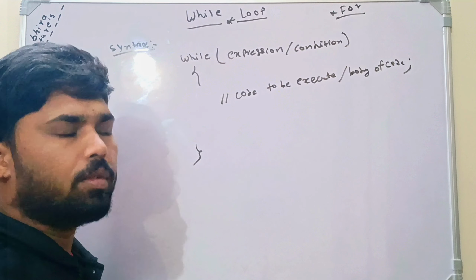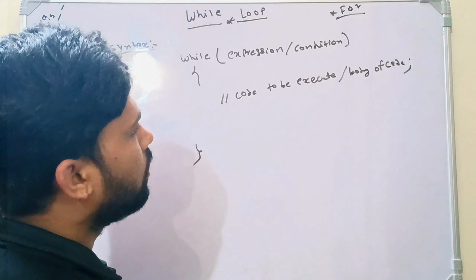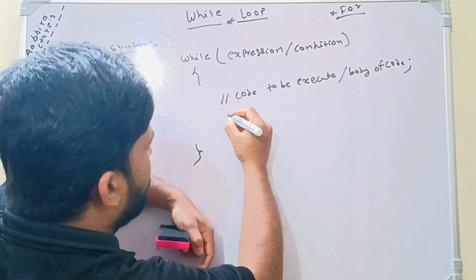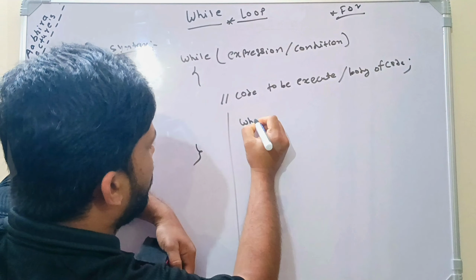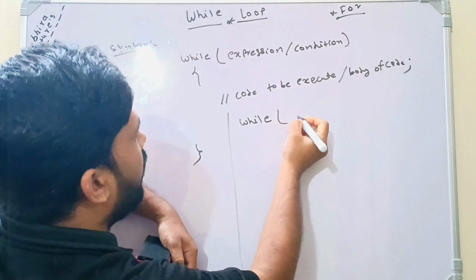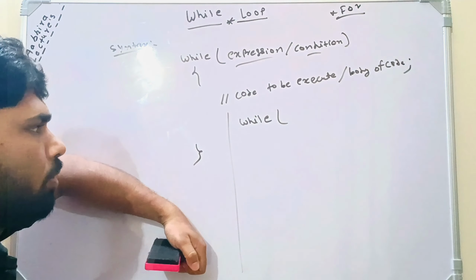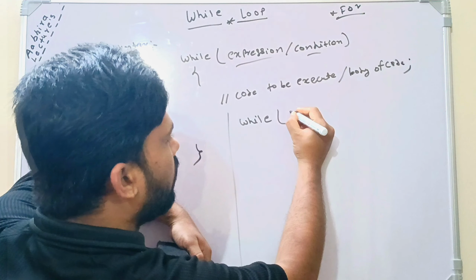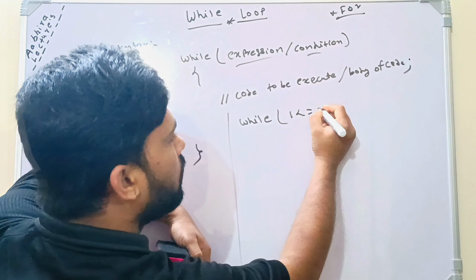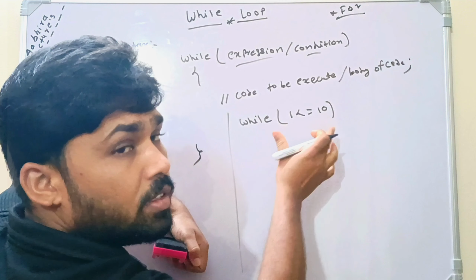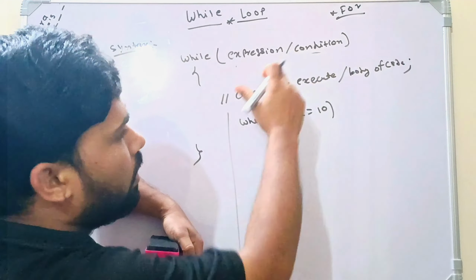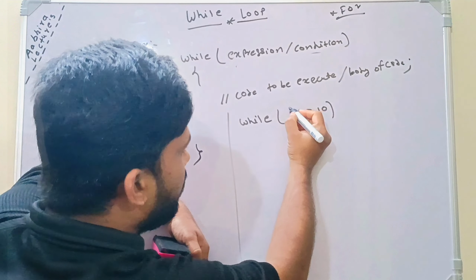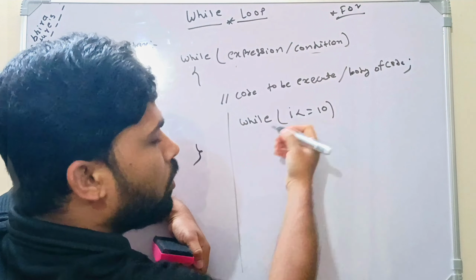So we will see one example. While expression or condition. If I want to print 1 to 10, I write i is less than or equal to 10. This is one type of condition. I want to print 1 to 10, that's why I have given i less than or equal to 10.